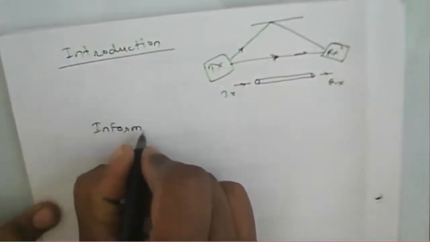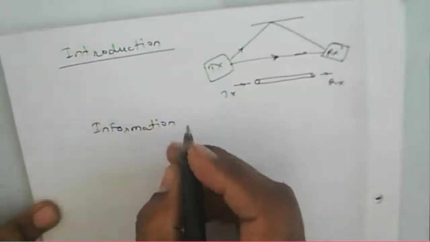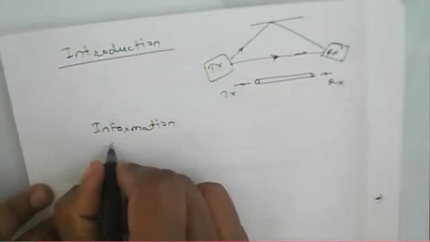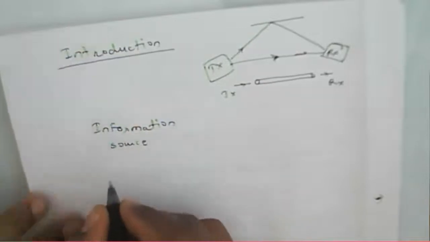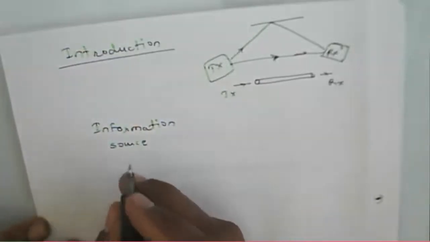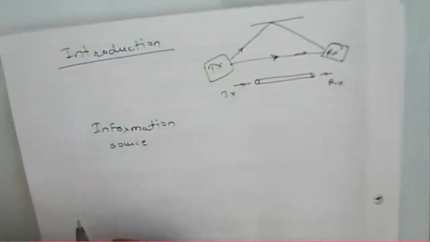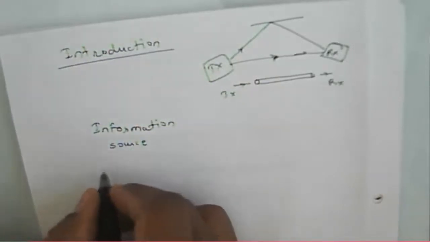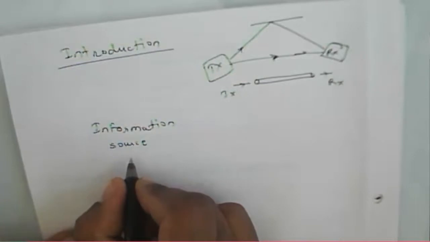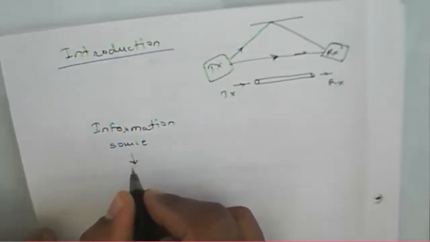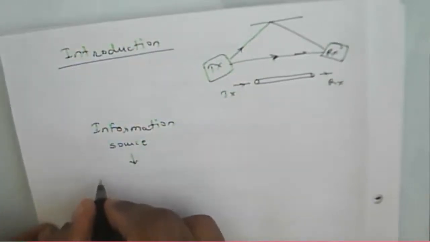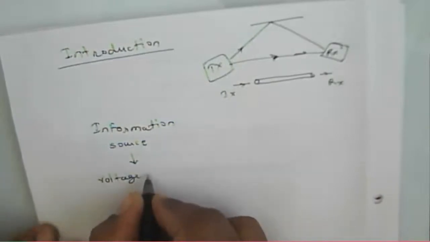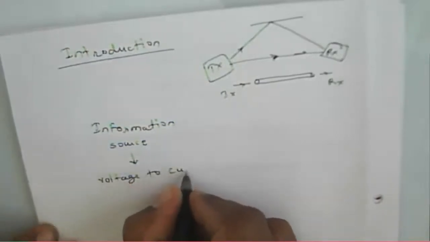We have an information source, and that information source can be any electrical signal, which has some particular voltage. That electrical signal is then converted into a current, so here we use a voltage to current converter.